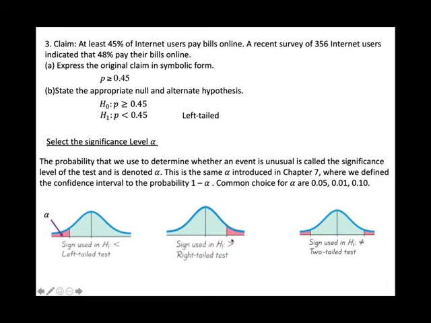Okay, and if you're working on the right tail, the area of the right tail will be equal to alpha. So if the event lies on this part, that will be the unusual event. And if you're working on the two-tail test, your alpha will be the sum of the area of the left tail and the right tail. So for example, if my alpha equals 0.05, the area of the left tail here will be equal to 0.05.